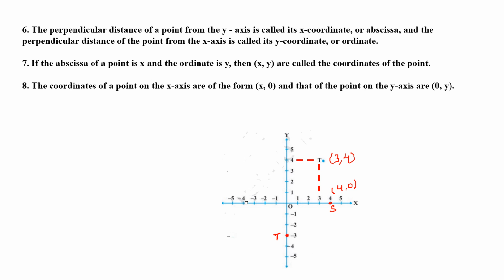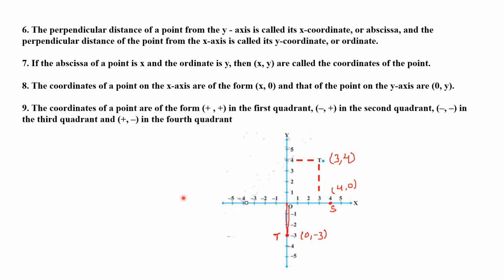But this point itself lies on the y-axis, so the perpendicular distance will be 0. And the perpendicular distance from the x-axis is this, this is your -3. So it will be -3. Now, I hope it will be clear, because many times children get confused, so just go through these points again and again for better clarification.